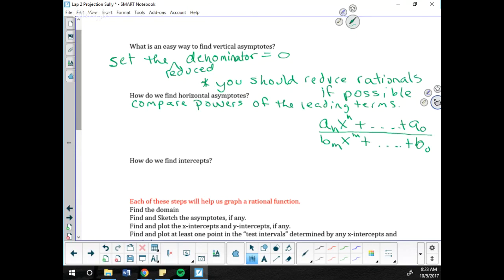Okay, so that's polynomial on top, polynomial on bottom. If this n power, so we're comparing powers, if it's less than your power on the denominator, the m, so if it's less than, your horizontal asymptote, and I'm just going to abbreviate that with HA, always going to be y is equal to 0.